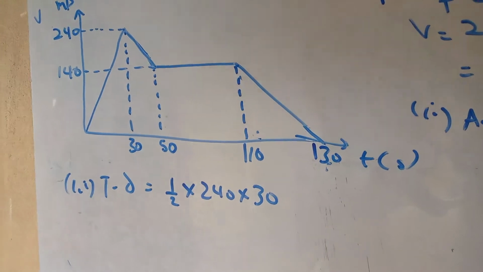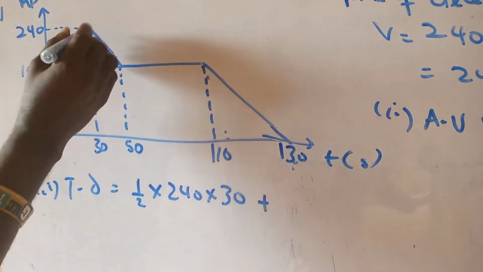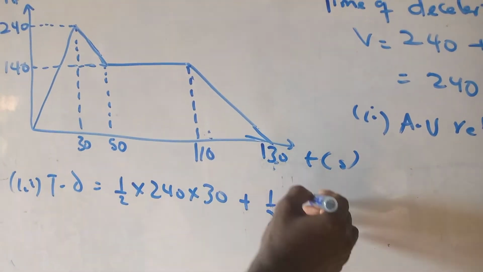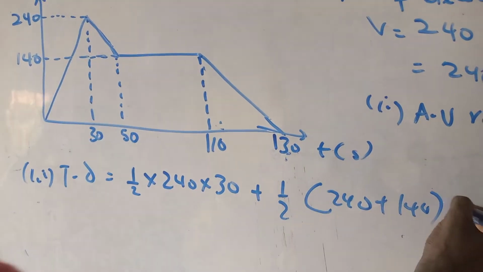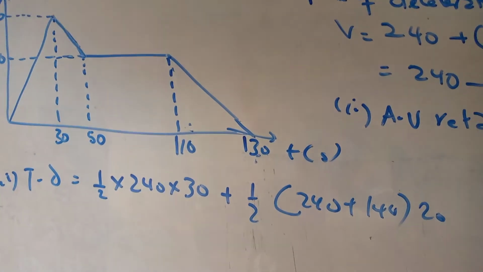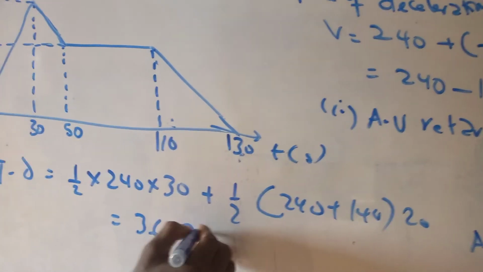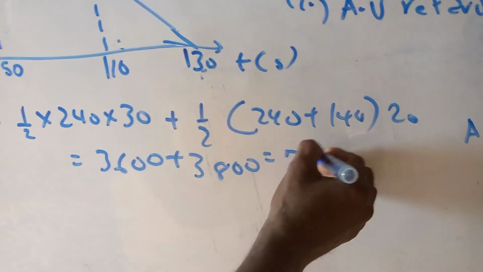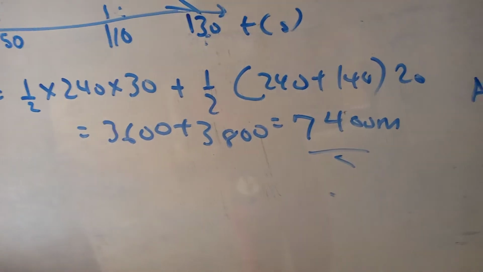Then there is a trapezium, so it's half times the sum of the parallel sides, 240 plus 140, times the height, 20. That gives 3,600 plus 3,800, which is 7,400 meters.